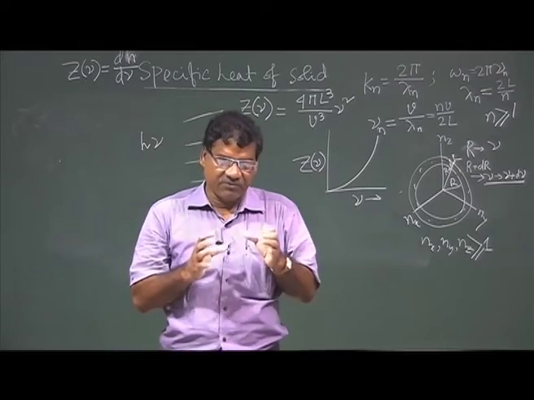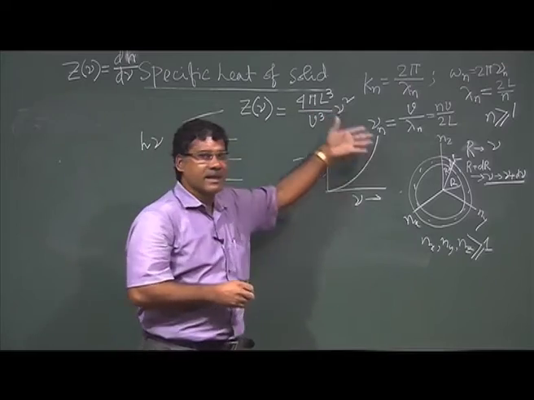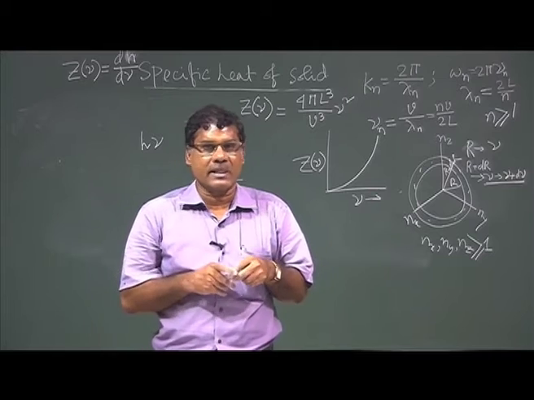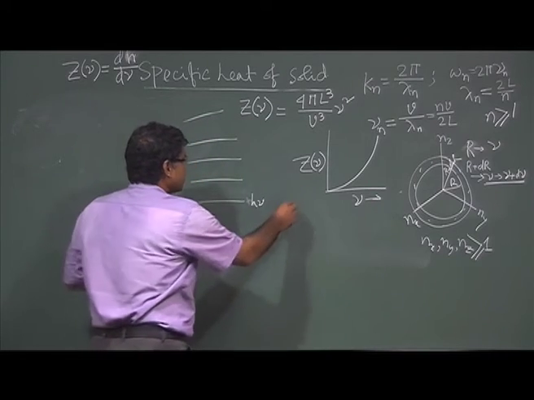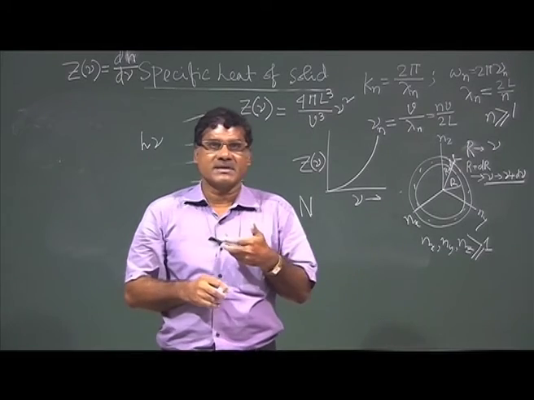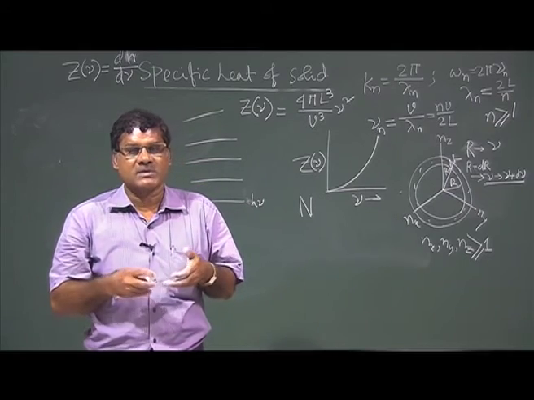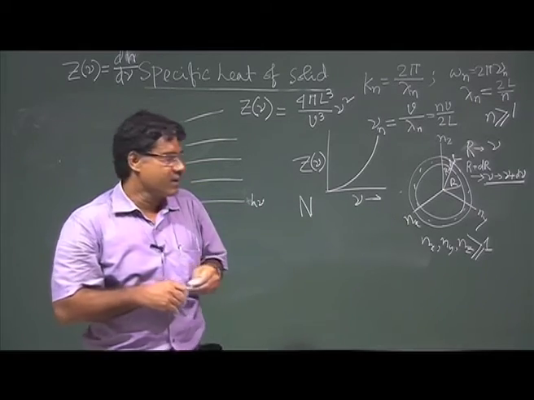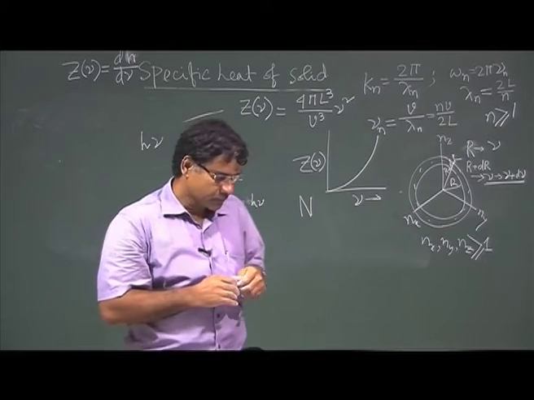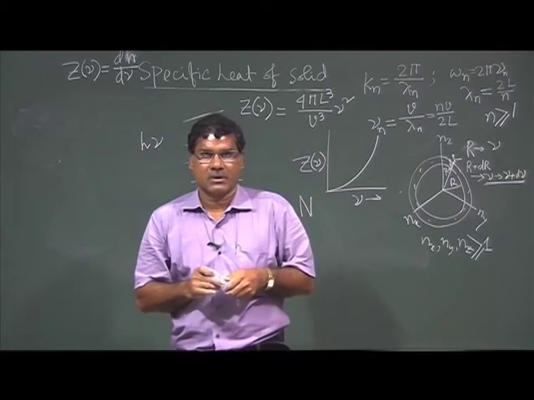So, if this solid is a cube having length L on each side, containing a total number of capital N atoms, then all the atoms are vibrating together. Now, he considered the total number of modes.